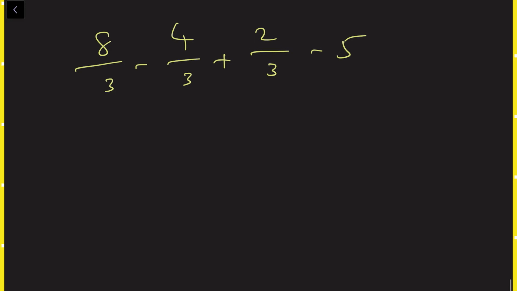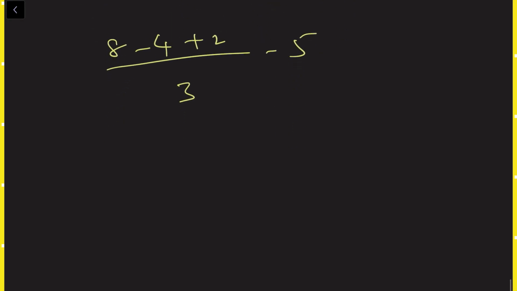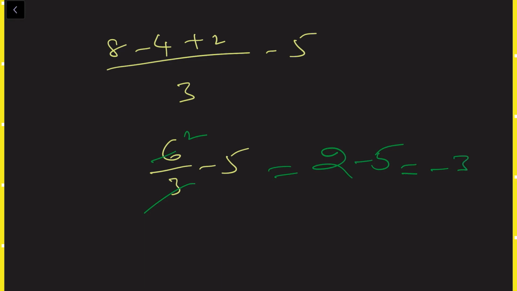Here all the denominators are the same, so write it once. 8 minus 4 plus 2 minus 5 as usual. 8 minus 4 is 4, plus 2 is 6. 6 divided by 3 minus 5. Here 3 ones are 3, 3 twos are 6, that is nothing but 2, minus 5. 2 minus 5 is nothing but minus 3.